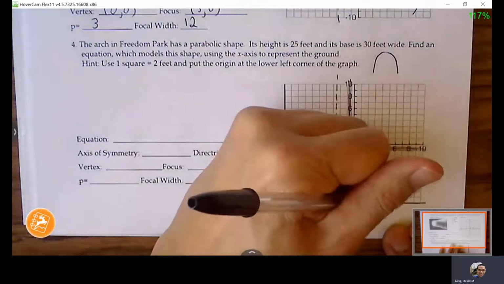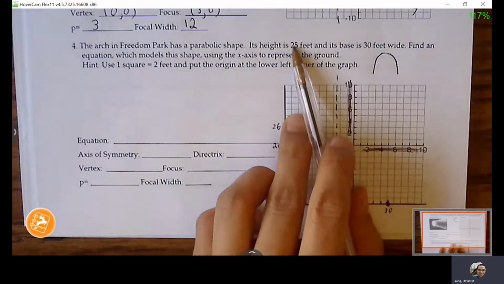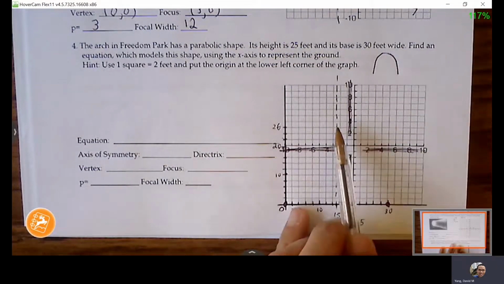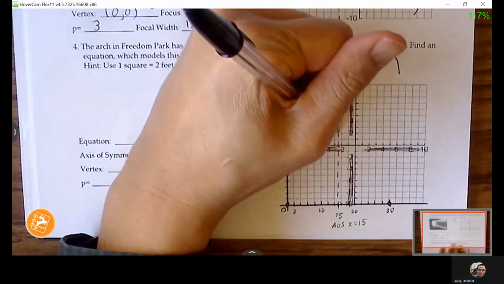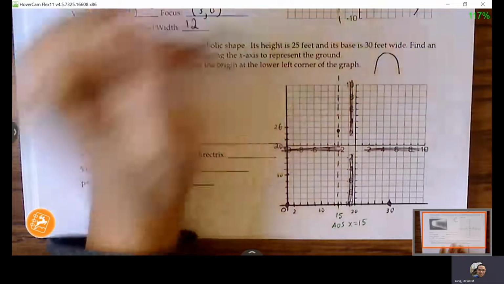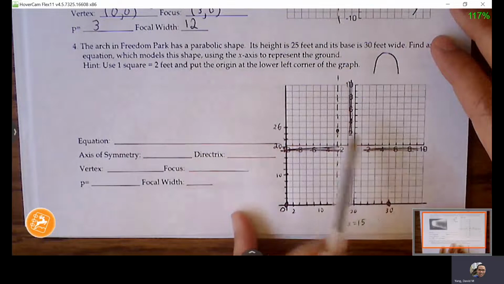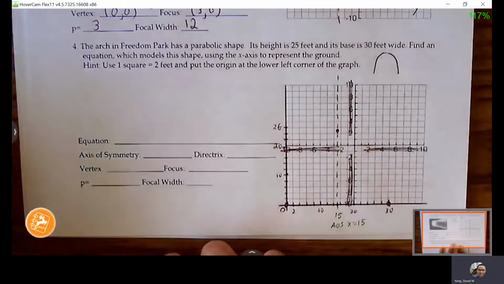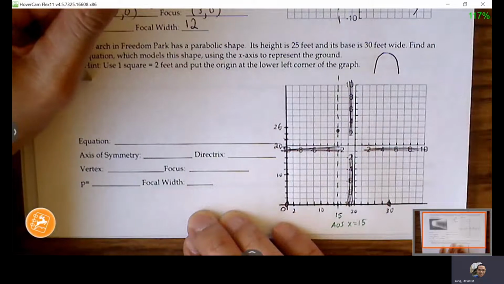It's going to end at 30, 0. And along the way, it's going to have to reach 25 feet right at the center, right? So 25 feet. So you know your parabola is going to open in this way here. Okay, so what's the ordered pair of the vertex?